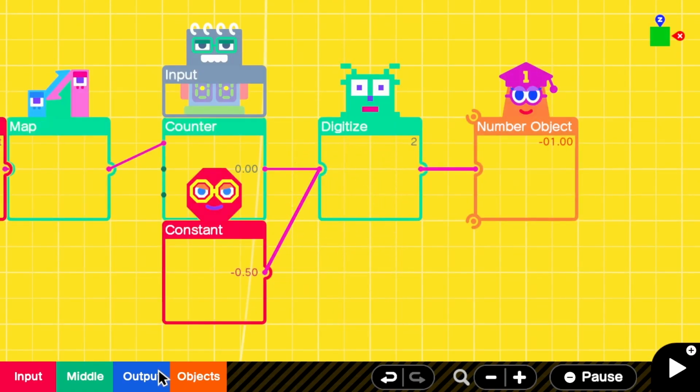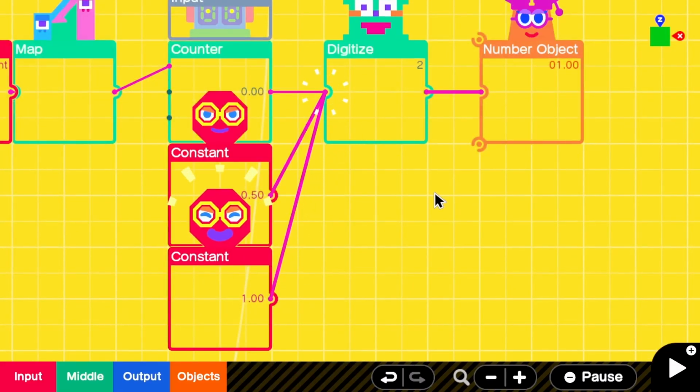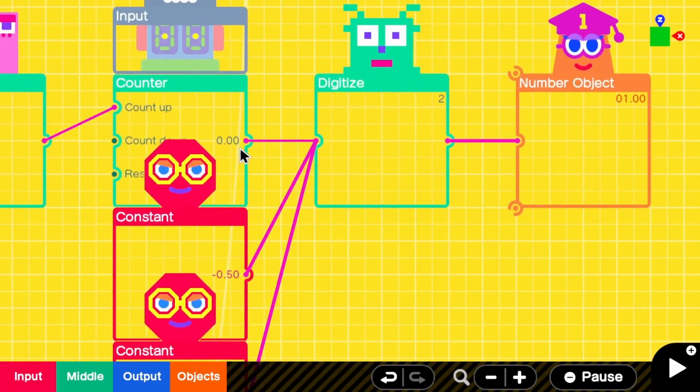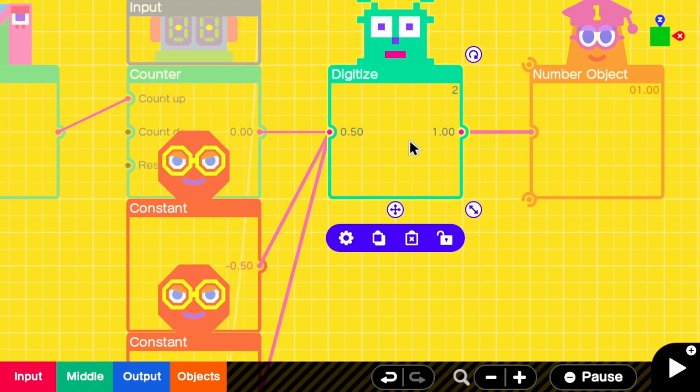So what we can do here is just add a constant 1 here. So now when the input here is 0, the value here is going to be 1, and the digitize doesn't see a negative value. So from 0 all the way up to infinity, we've now ensured that the input of the digitize is always positive.